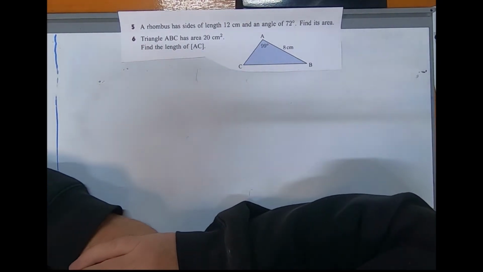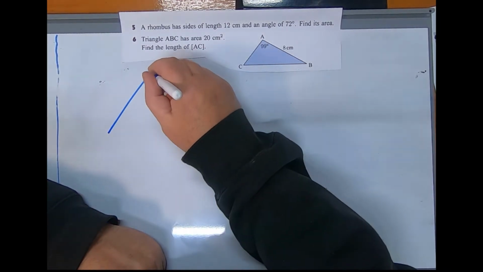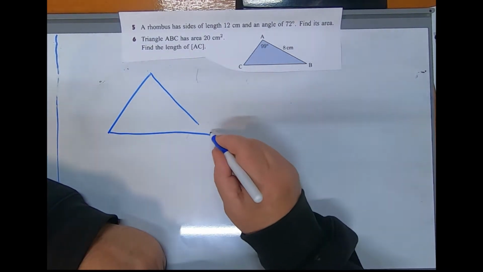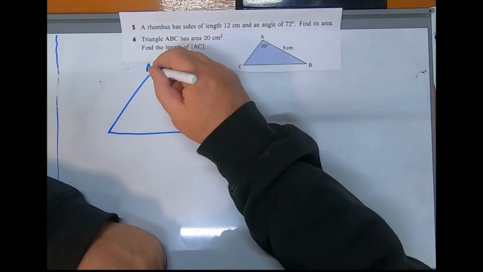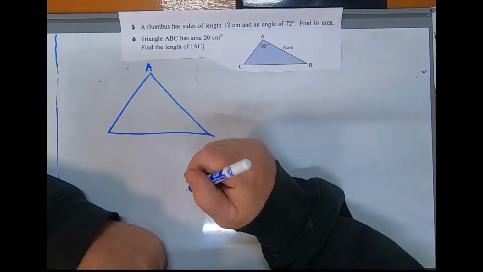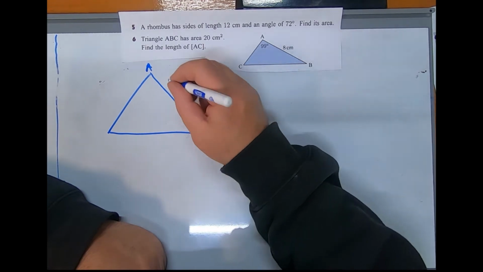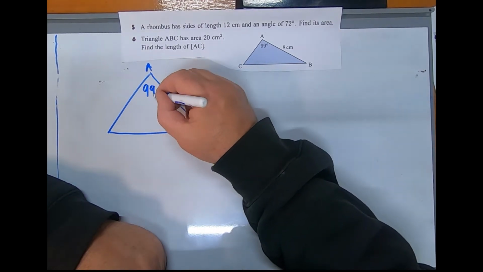Now, way more interesting is question 6. Because I'm looking at the picture, and as I draw the picture, I can see that it doesn't have enough numbers. Well, at least the book was nice and put the A where the angle is.